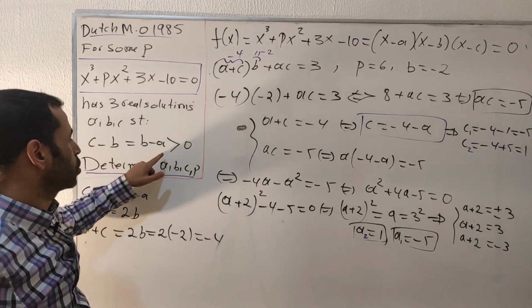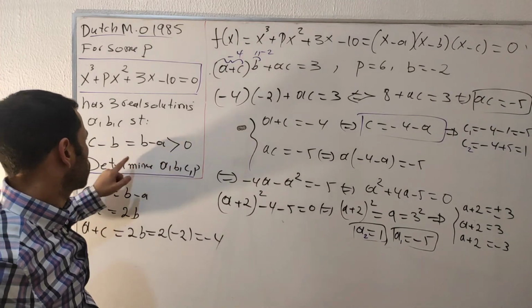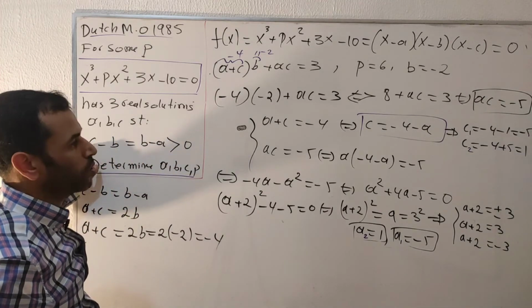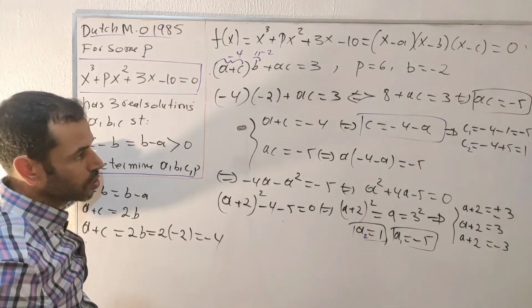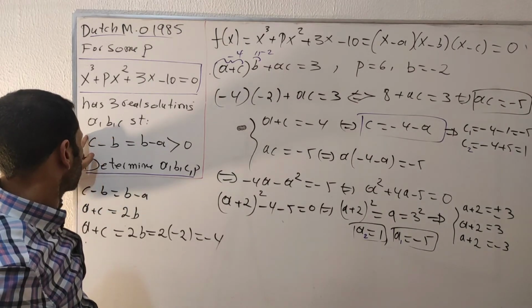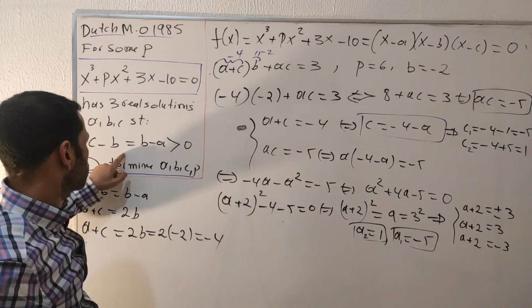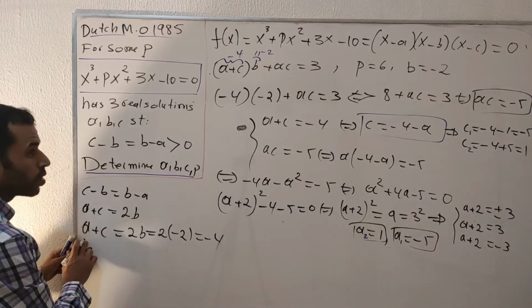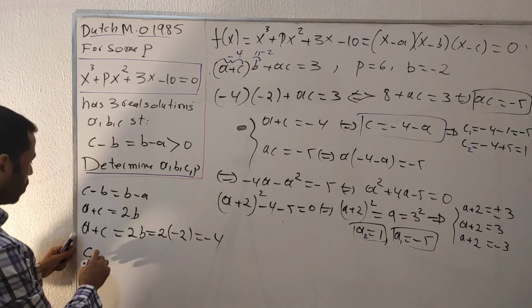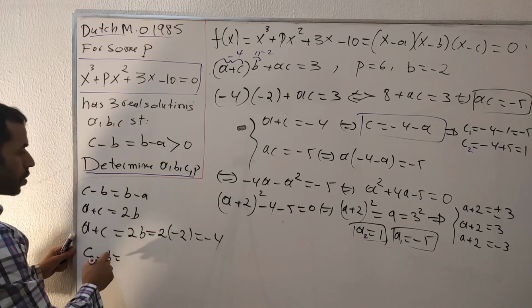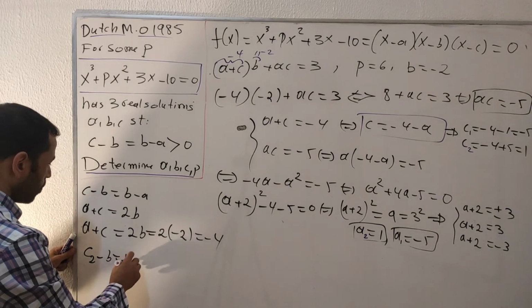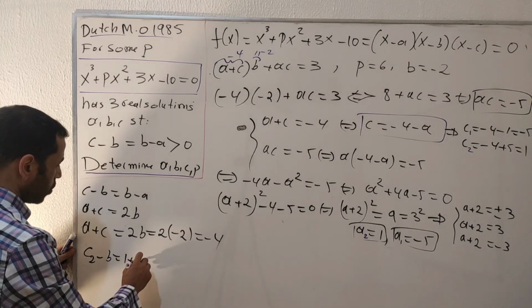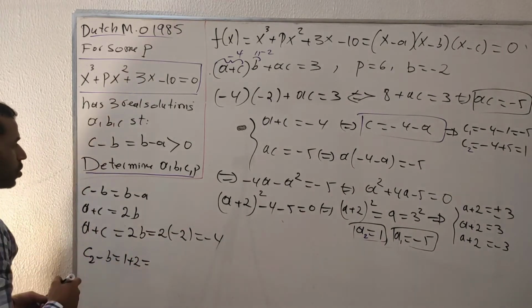Let's move on to the positive solution, C2, which equals 1, because 1 minus minus 2 is 3. 3 is positive. So C2 minus B equals 1 plus 2, which is the right solution.